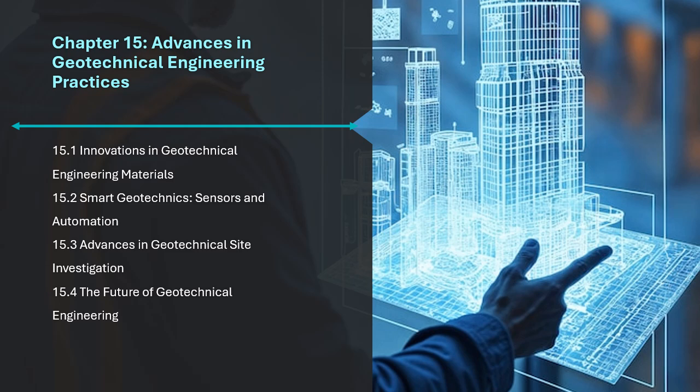This can lead to more accurate modeling of soil-structure interactions, especially for complex or poorly understood soils. Applications: predicting soil liquefaction potential, optimizing foundation designs, and enhancing soil property modeling. Advantages: improved predictive accuracy, cost savings, and more robust designs under uncertain conditions.